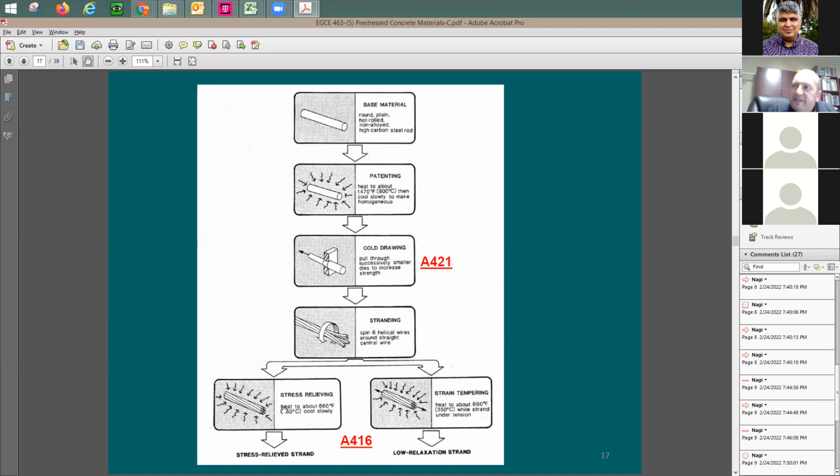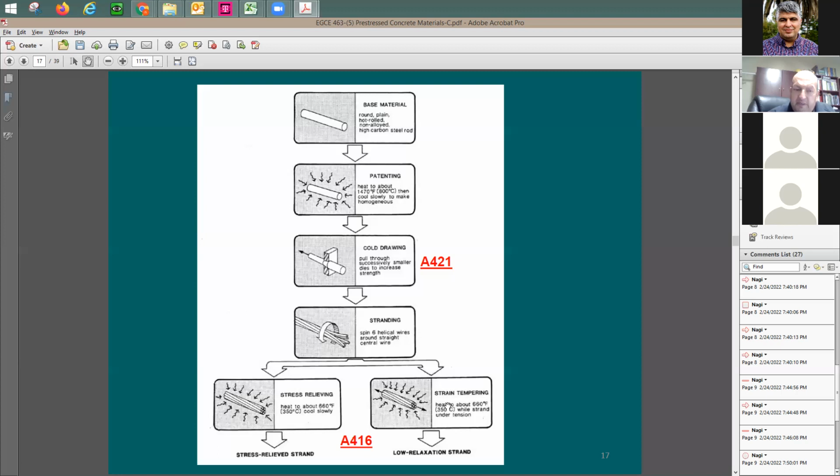How about the 20%? I'm going to say the 20% losses were just calculated for this system here. So if you don't like the losses, or let's say you move to another state, say you're working in Arizona, and you have lots of shrinkage losses and creep losses in the concrete because of the supplier, the concrete nature, the ambient temperature and the conditions there, then maybe it's a good idea to switch to this system here.